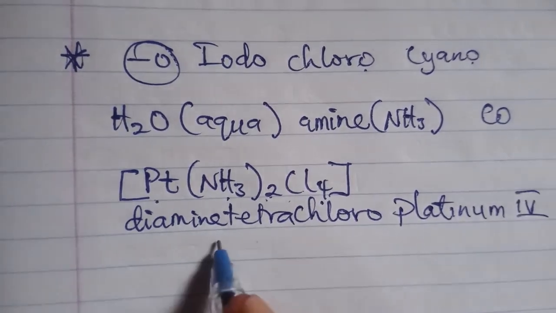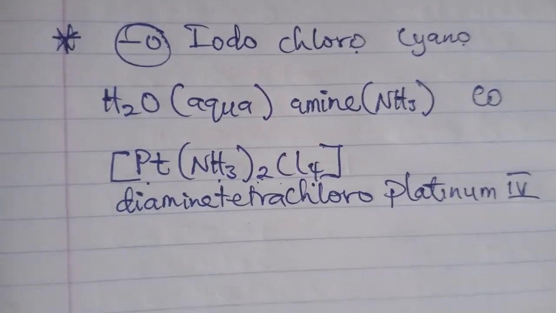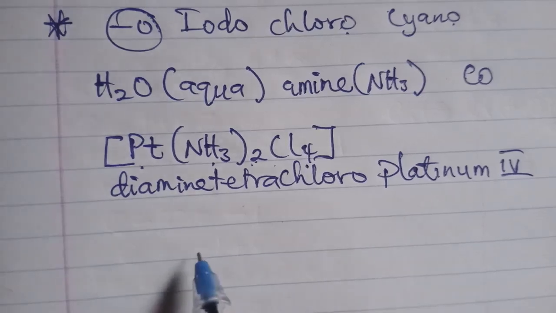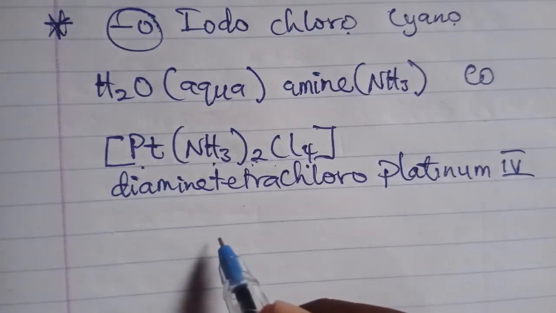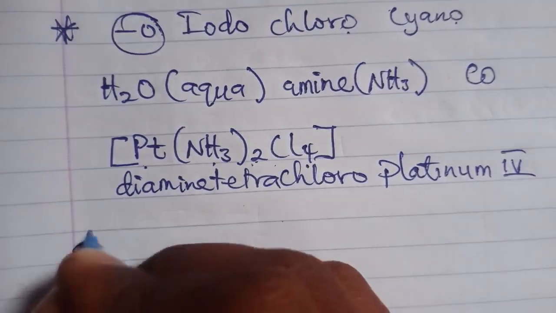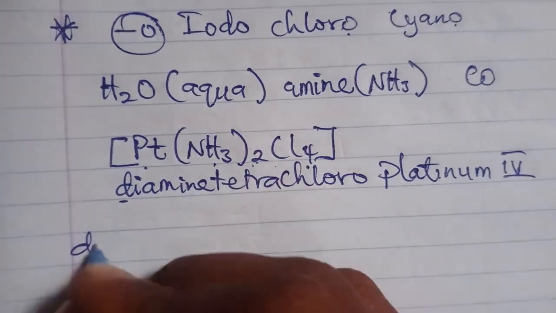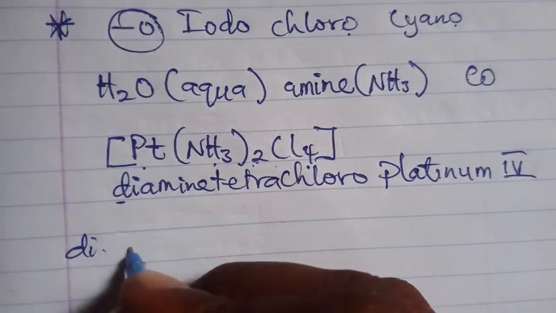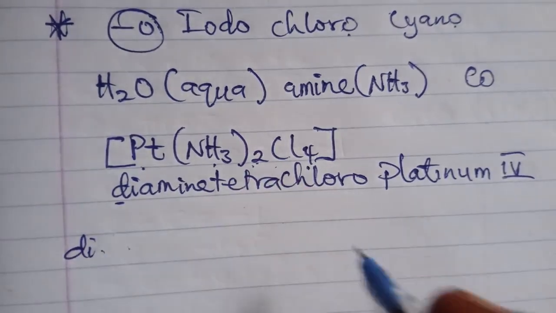That's how we can name this. Let's look for more rules. If more than one ligand of a given type is present, then the number is indicated by prefixes. We use di, like here now, 2. Di for 2, tri for 3, tetra for 4, penta for 5, and so on.